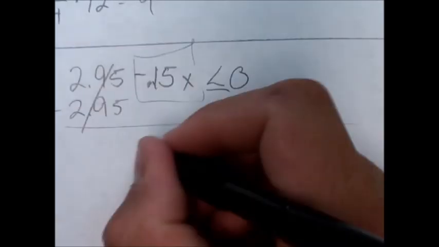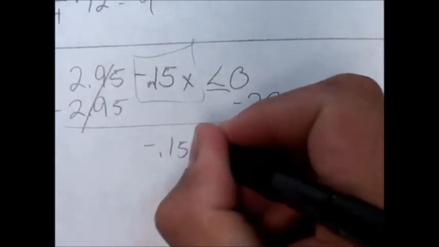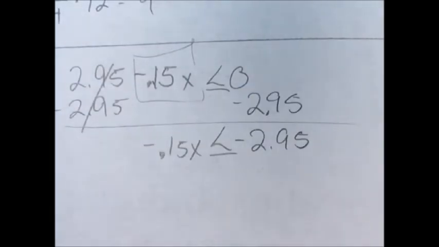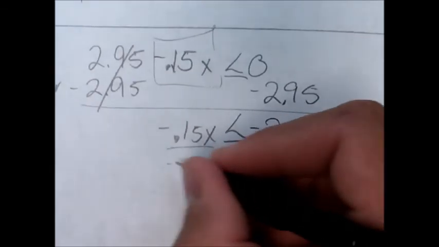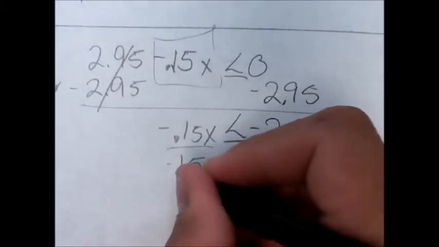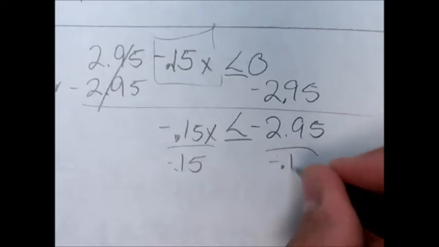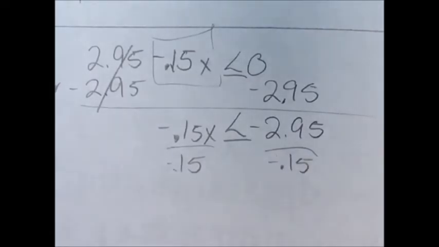So, I have a negative 0.15 up here. If you don't deal with decimals well, make sure you put a 0 in front of that. Now we're going to divide by negative 0.15. Would it be possible to take across the... There's a trick coming, so I'm going to address this.